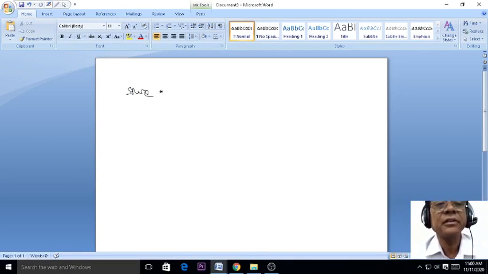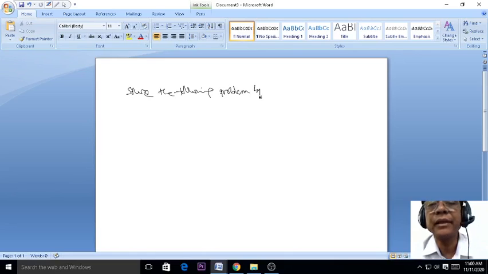Solve the following problem by VAM. So the problem is given like this.